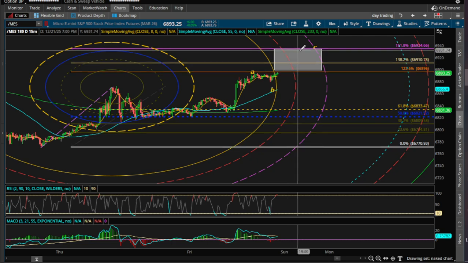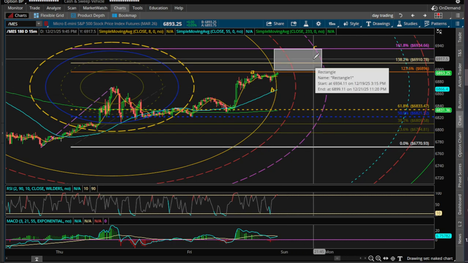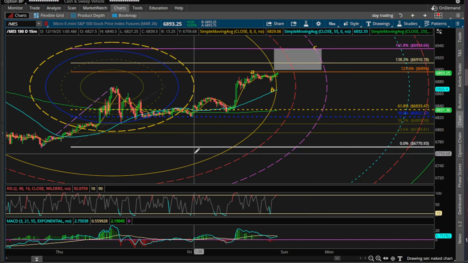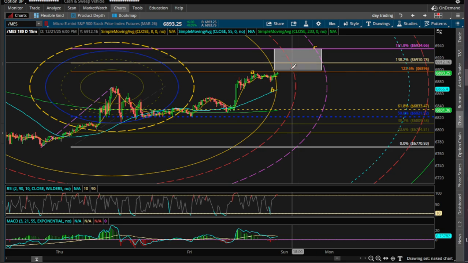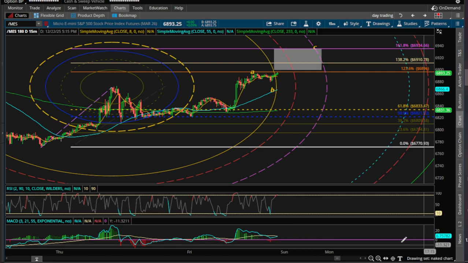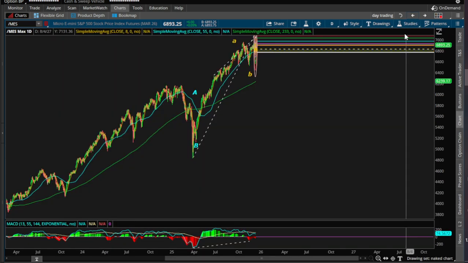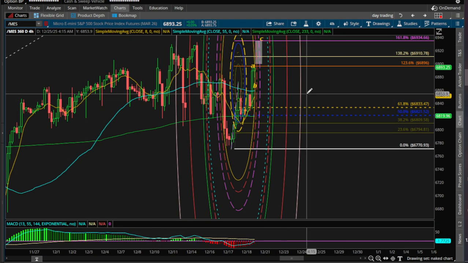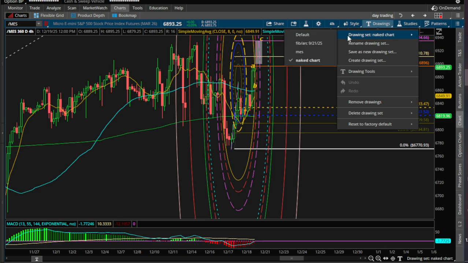If we can't cross it and it starts getting rejected, then I would say that's bearish. So let's go. I wonder if we can see it on the daily here. Let's go down to the 4-hour. Why do I have this?